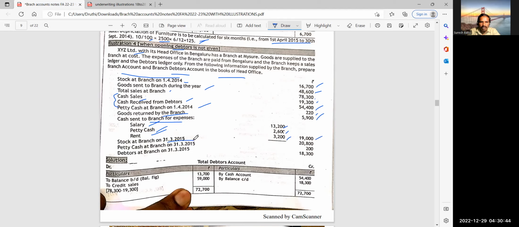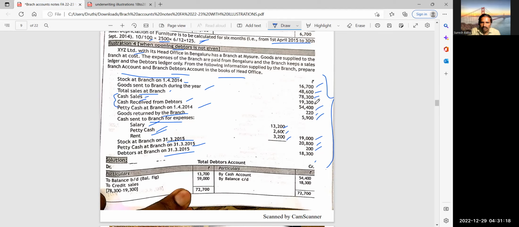Closing stock, this is the date you see. Closing stock 20,800. Closing petty cash 200 rupees. Closing debtors 18,300. Correct. What is missing here? Here, credit sales is given indirectly, because see, total sales is 78,300.